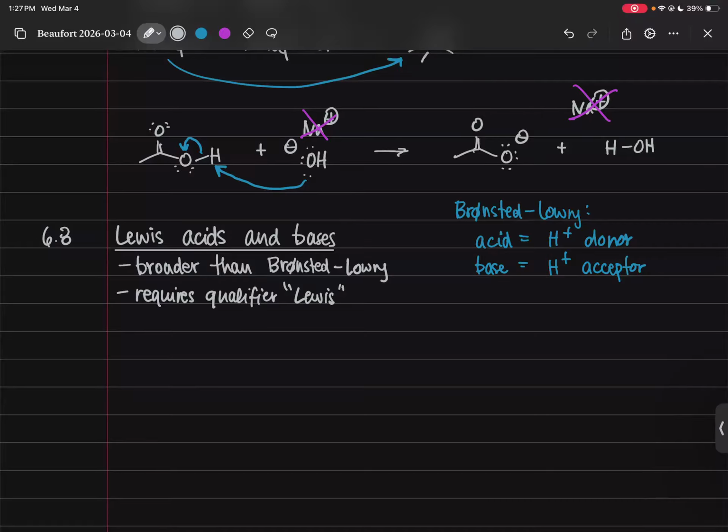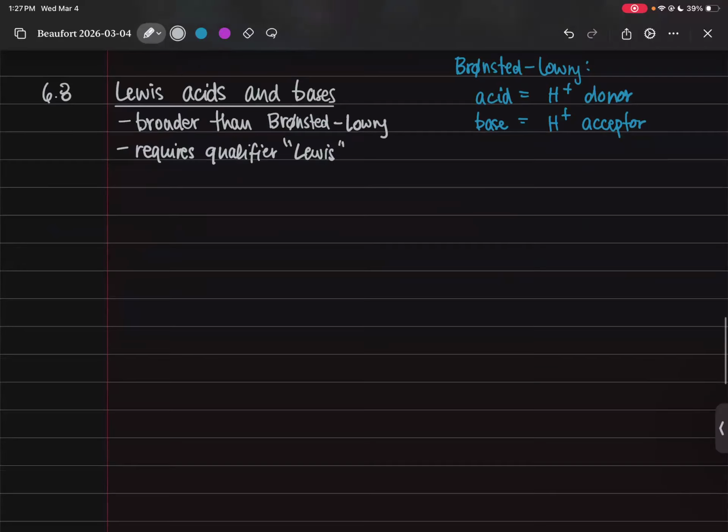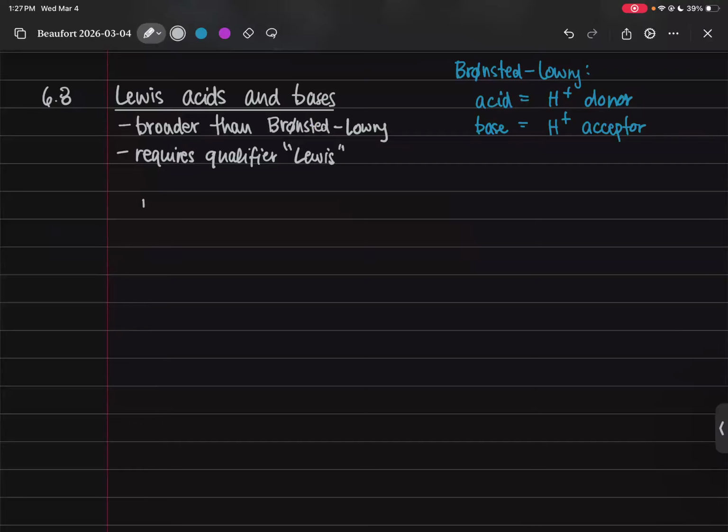Okay, so the actual definition of Lewis acids and bases. A Lewis acid is an electron pair acceptor. Careful with the acceptor being a base versus an acid for the two different definitions.